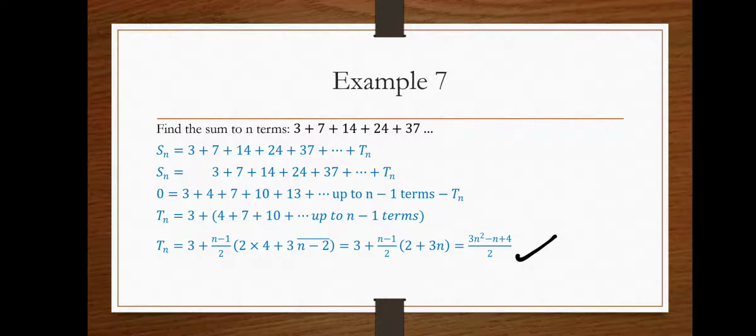So you see, if I would have been able to find the association with the term number and the term, then I could have reached this particular step directly, which I did for all the previous problems. But here, as I couldn't associate, I made use of the method of difference, and from there I got the nth term. Now next job is pretty simple. I need to find the sum.